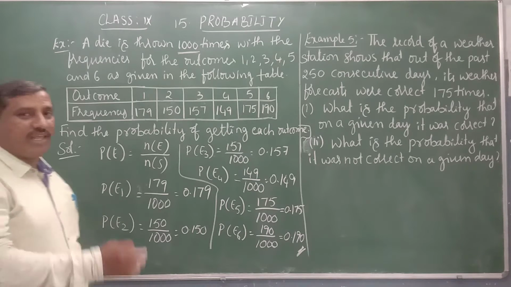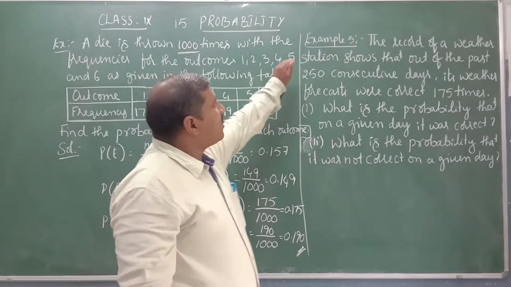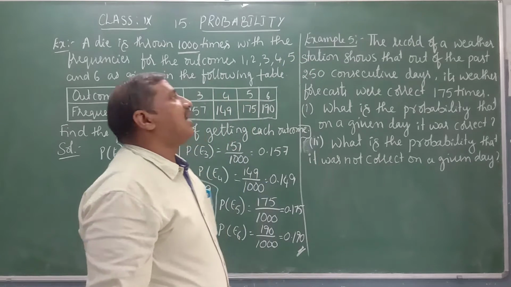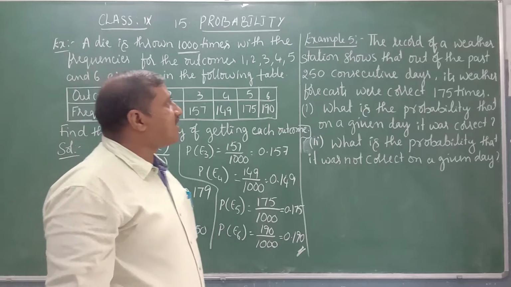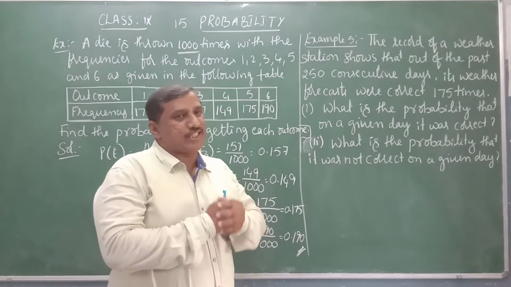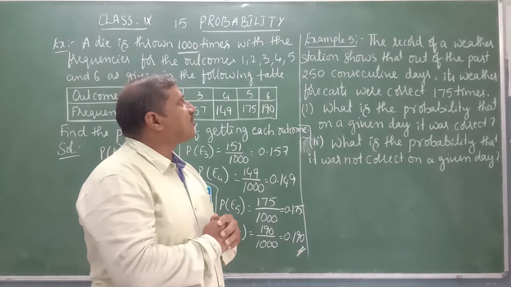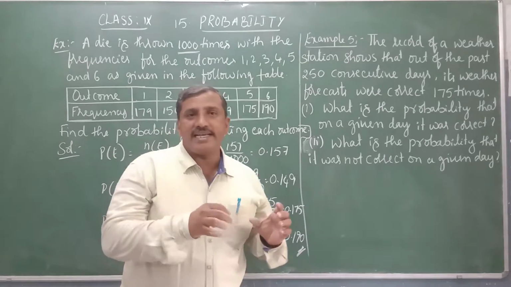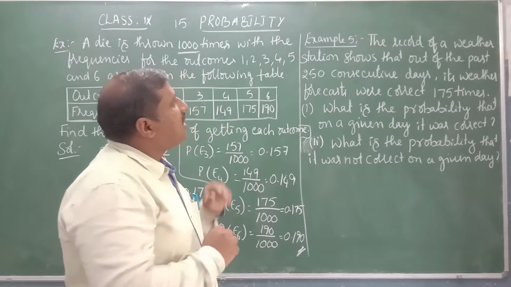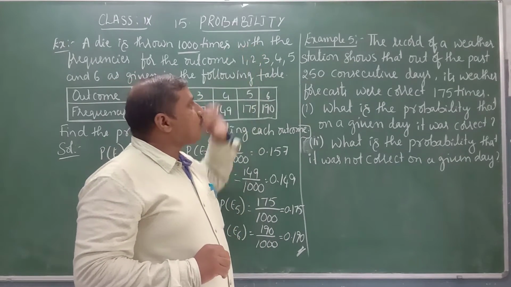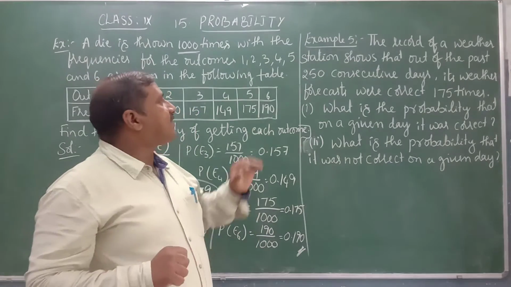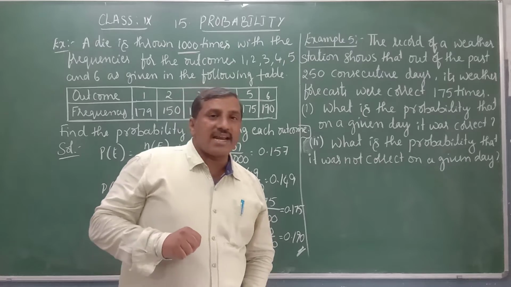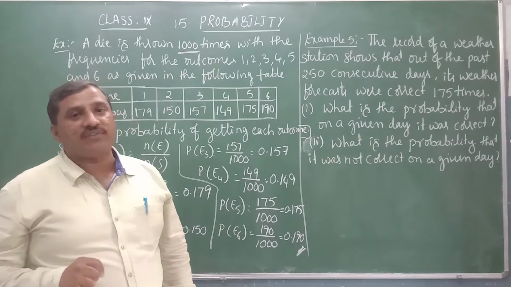Now we move to example 5. The record of a weather station shows that out of the past 250 consecutive days, so a weather station is there and they were maintaining a record of weather reports. In the last 250 consecutive days, meaning successive days, its weather forecasts were correct only 175 times.